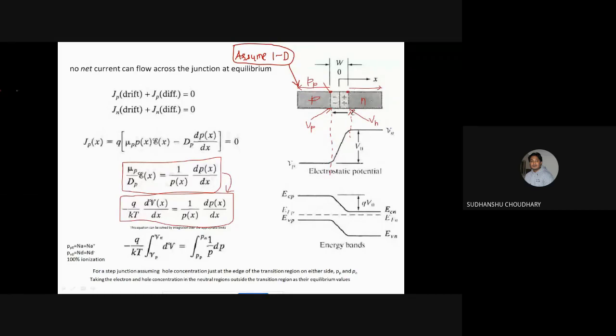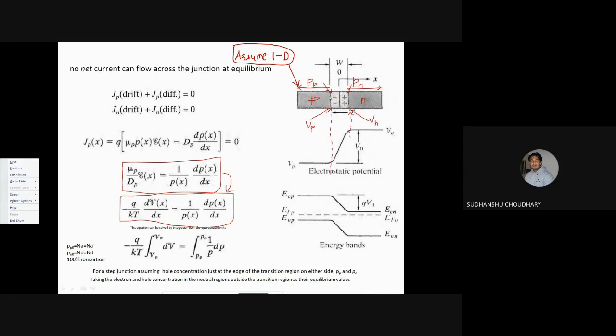The concentration of holes will be equal to the equilibrium concentration of holes in the N-type semiconductor, which is Pn. So at these two points, the concentration of holes in the p-type semiconductor is Pp, and the concentration of holes towards this edge in the N-type semiconductor is Pn, right?